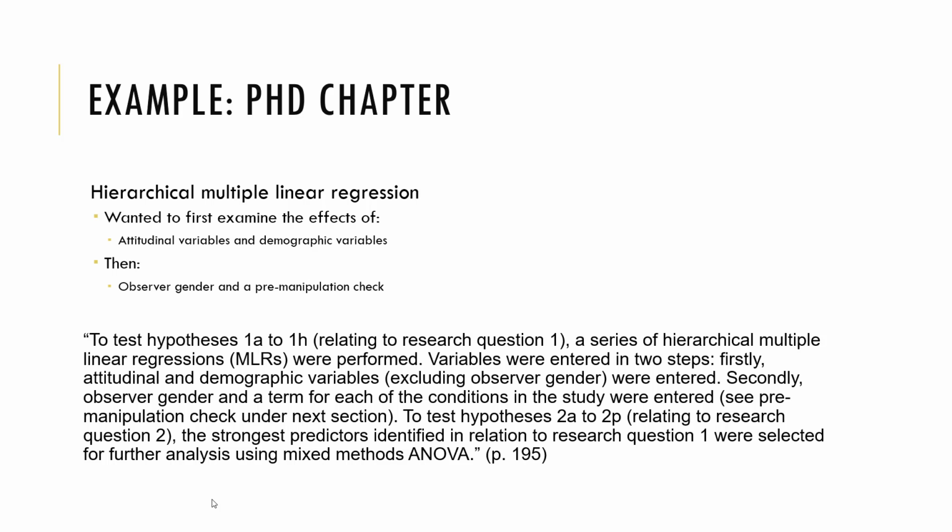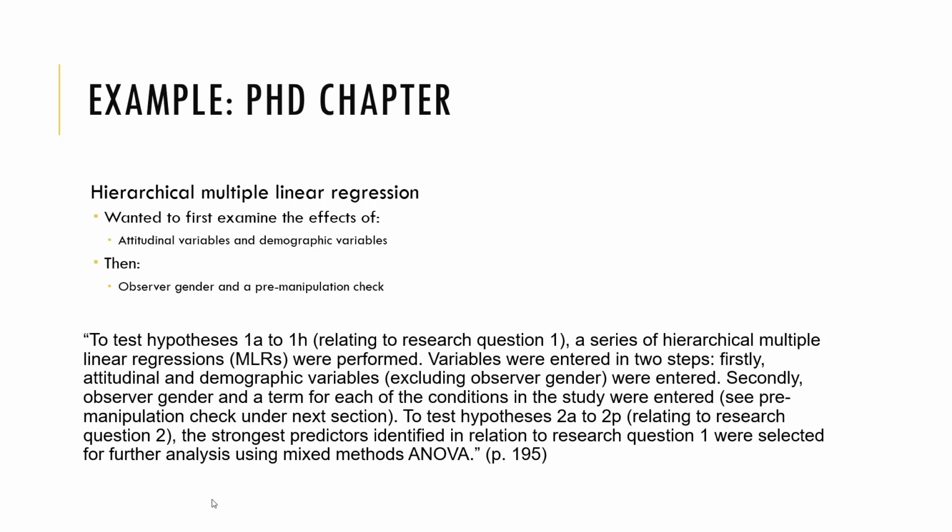So actually I had a set of hypotheses that I wanted to test. So 1A to 1H, which was part of a first research question, and I conducted a series of hierarchical multiple linear regressions where I entered them in 2 steps. As I said, the attitudinal and demographic variables first, apart from observer gender, and then the observer gender and the pre-manipulation check.